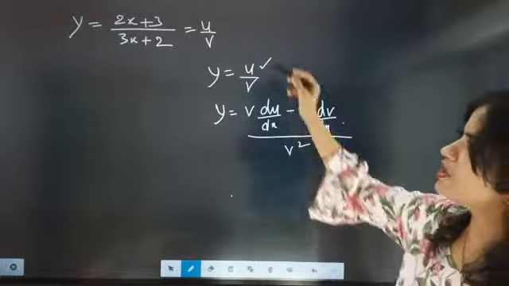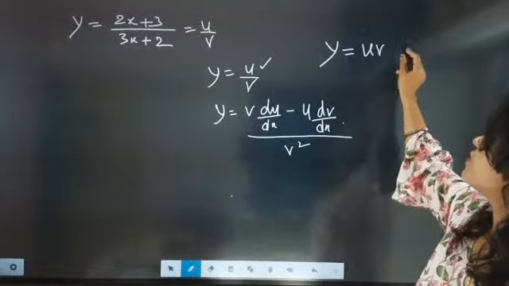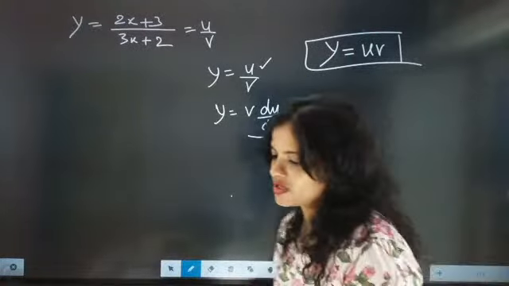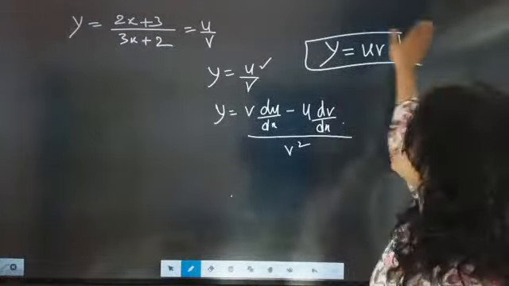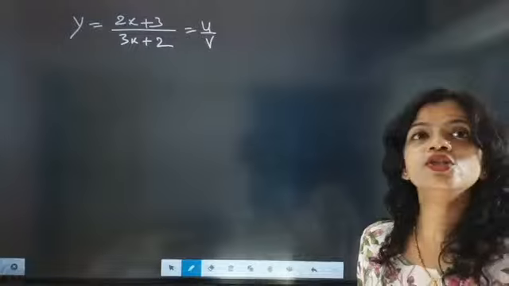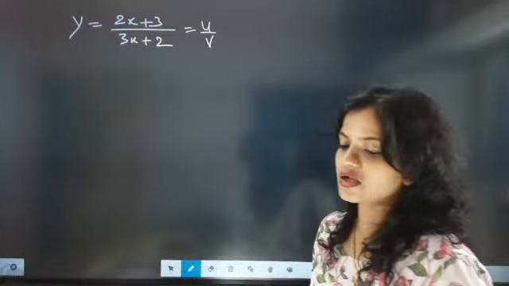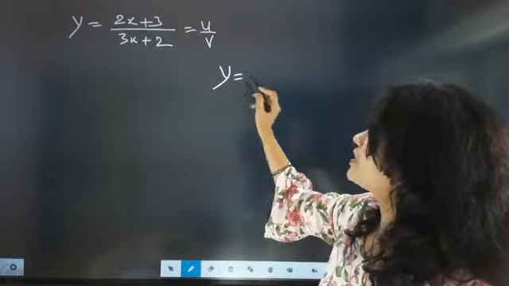So this is the formula for u by v and this is the formula for uv. Okay, y will be equal to uv and y will be equal to u by v. So now we have this formula. So now this question, when the numerator part is coming as u and the denominator part is coming as v, what are we going to do?